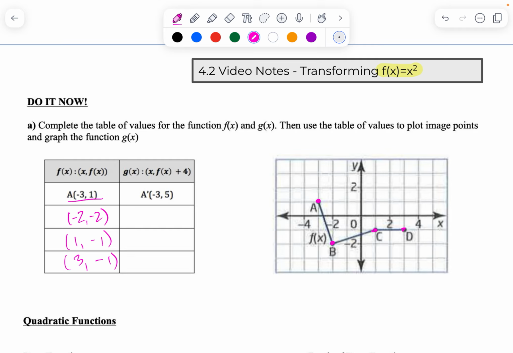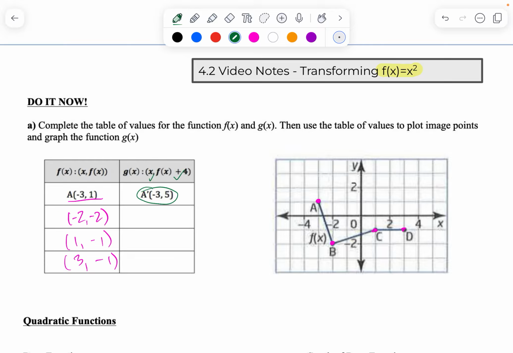Okay? So if we transform those points, A prime based on this mapping statement, so this new A, which we sometimes call A primed, is -3, 5. So x stayed the same and y has been moved up by 4.